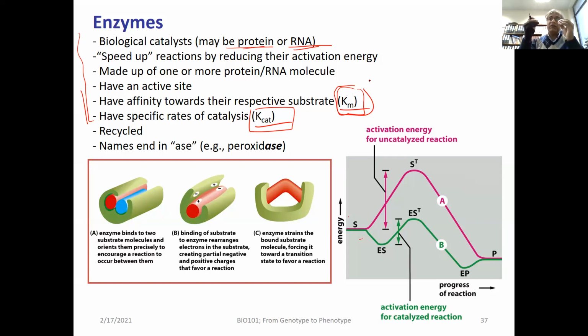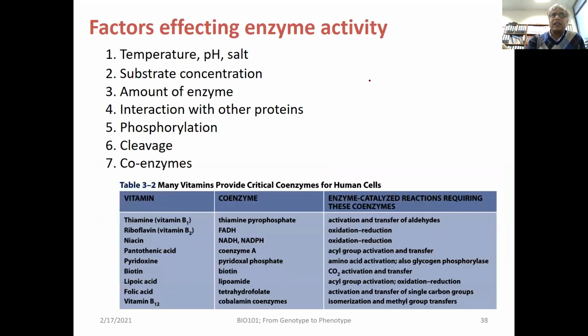It's very, very specific for different enzymes, and it depends on multiple factors like temperature, pH of the buffer or the solution in which enzyme and substrate are present, salt concentration, substrate concentration. For example, if substrate is limiting, the reaction will be slow. If substrate is abundant, the reaction will be fast.